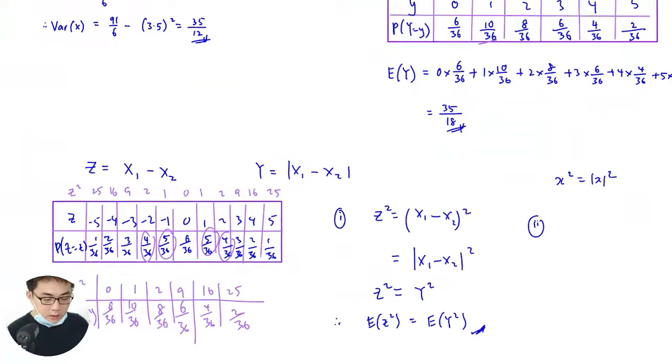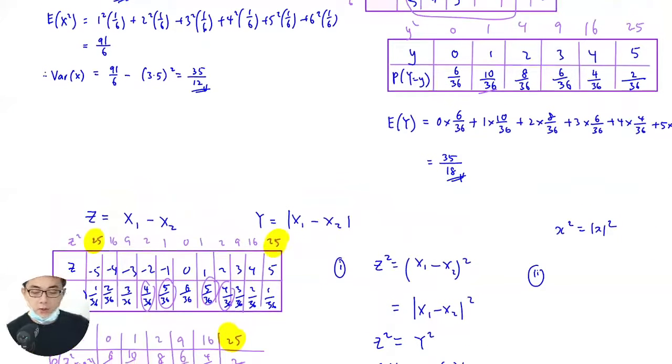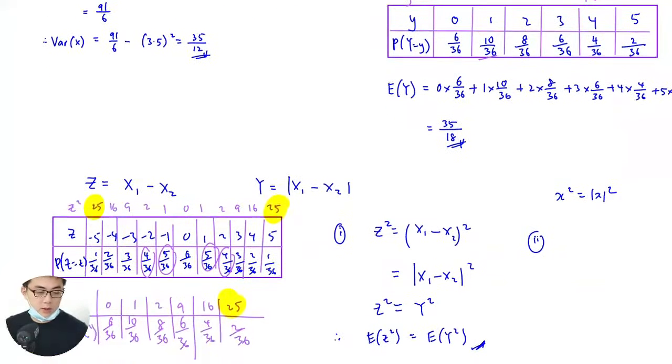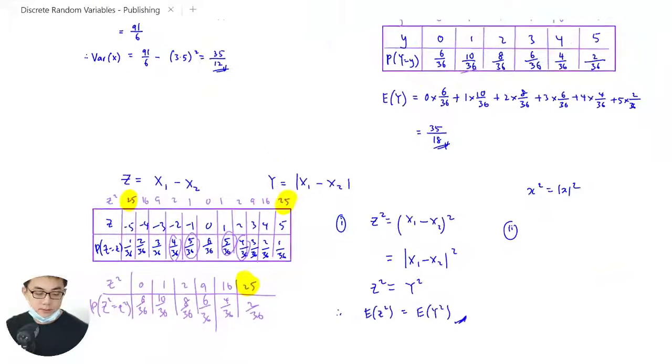The reason you merge for Z squared is because these are the same data point, 25. For Y squared, you only merge if you have the same one, and you don't have any same one. But for Z squared, you need to merge. That's it for part 2.